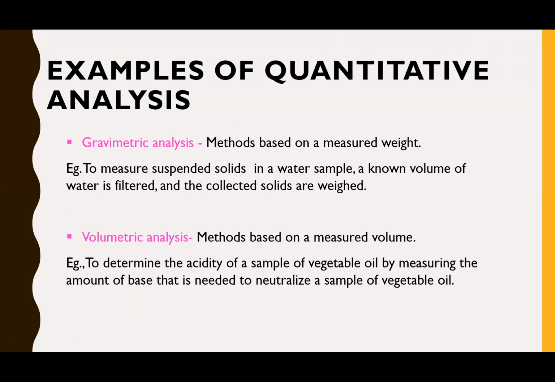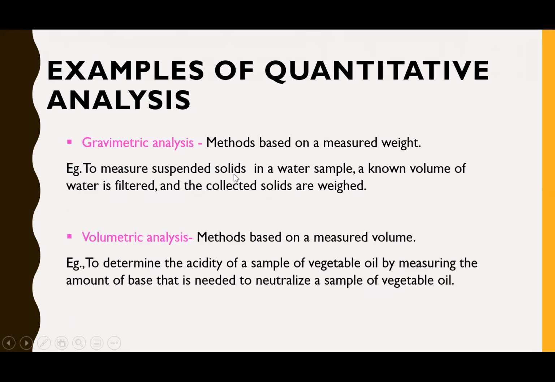All right, these are the examples of quantitative analysis. I'm not going to elaborate more on each of the analyses because it's only important in this learning unit that you understand that quantitative analysis is about quantifying the value or how much of your analyte is in your sample. Okay.